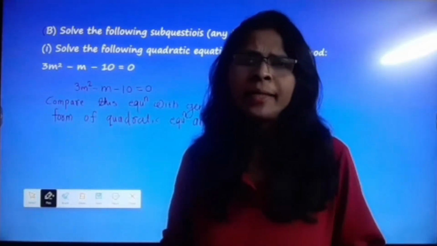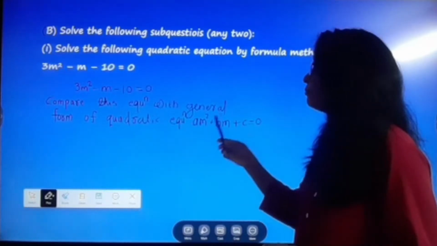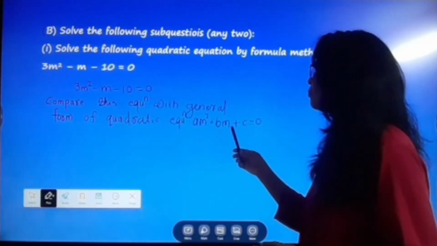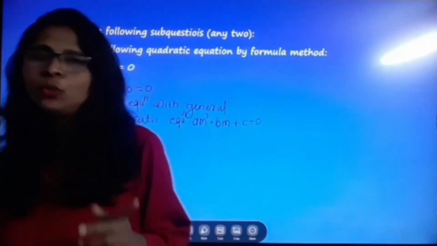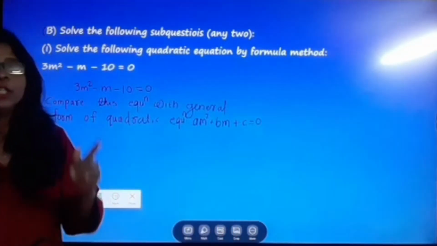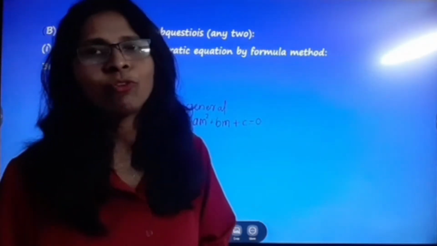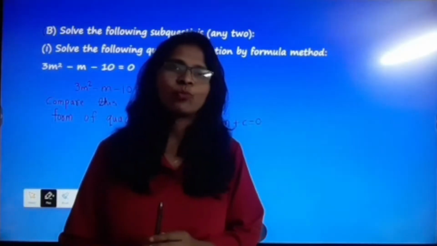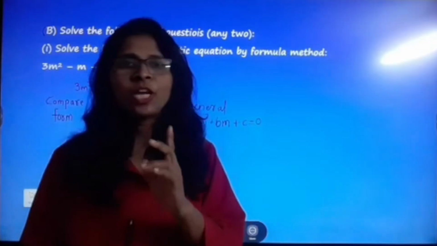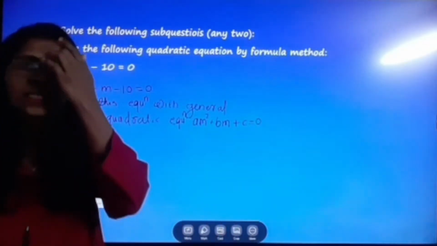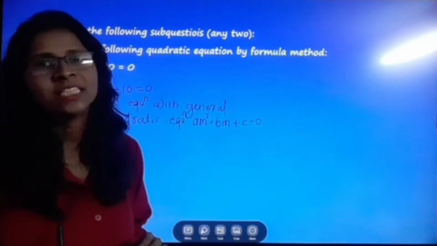So many teachers write: compare this equation with the general form of the quadratic equation, a x square plus b x plus c is equal to 0. Do not make such a mistake, students. You should write: compare this equation with the general form of quadratic equation, a m square plus b m plus c is equal to 0. Whatever variable is given to us, we have to write the general form in that same variable.